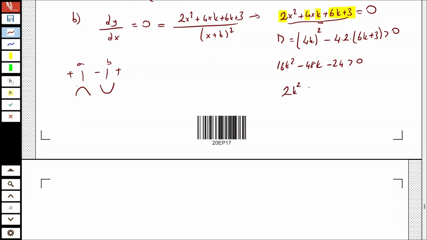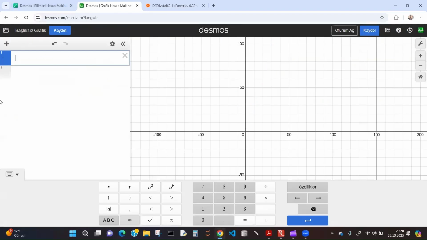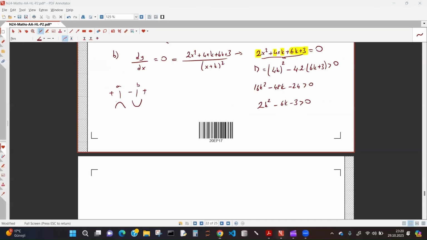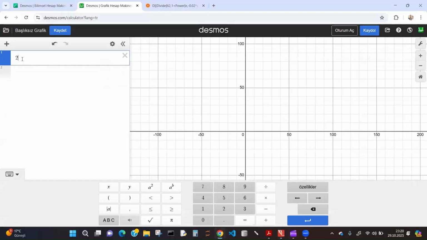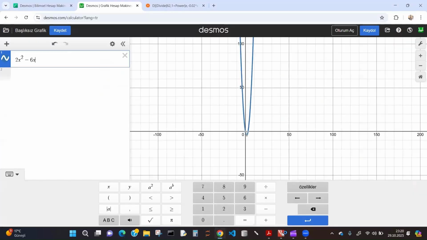So 2k² − 6k − 3 greater than 0. I will draw this graph, 2k² − 6k − 3.